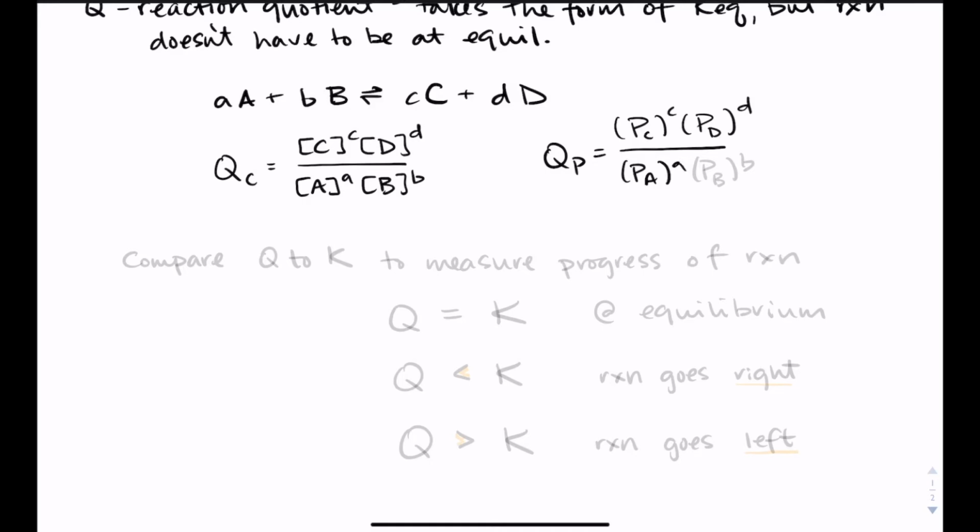And if we're talking about pressures, it's the same thing: pressure of products raised to their coefficient powers, etc. To figure out which way to go, we calculate Q and then we compare it to K. A lot of books will give you references of Q divided by K being less than, greater than, or equal to 1.